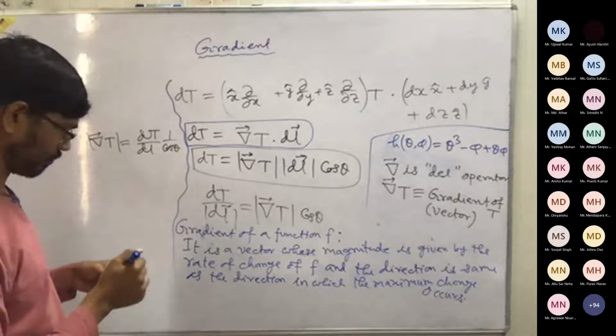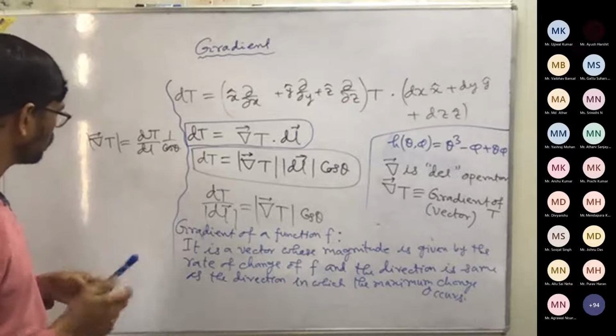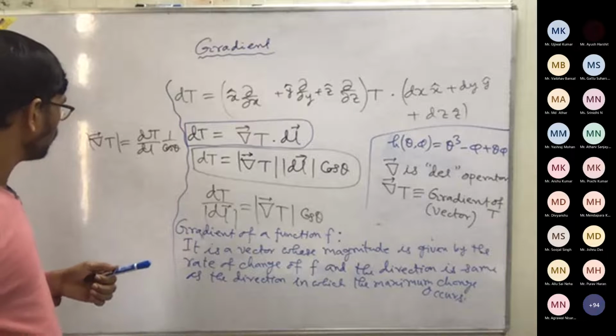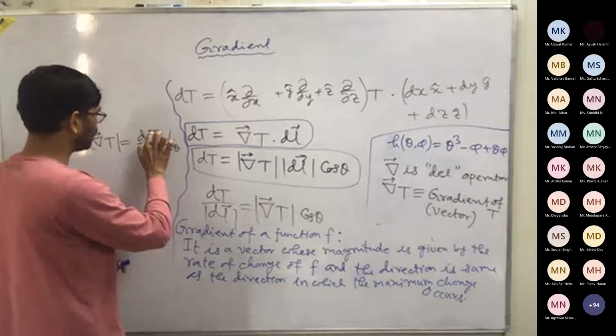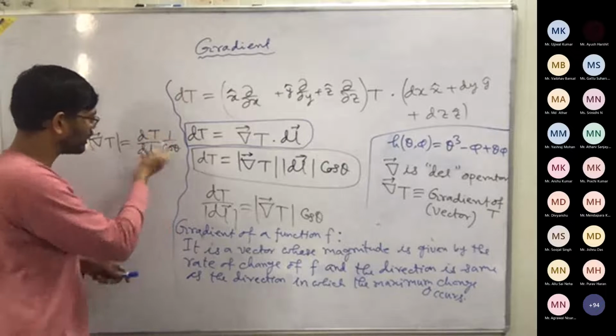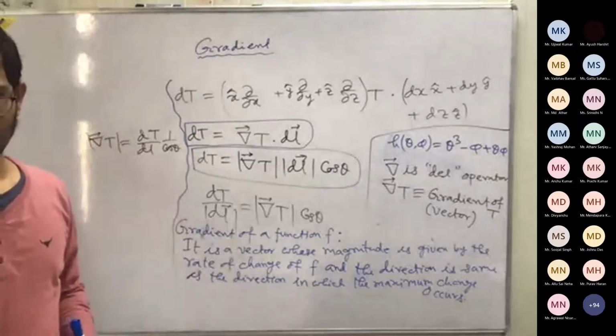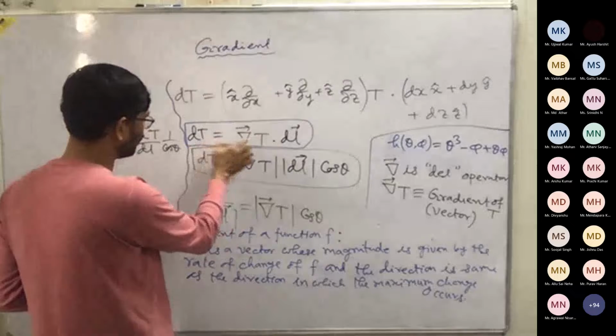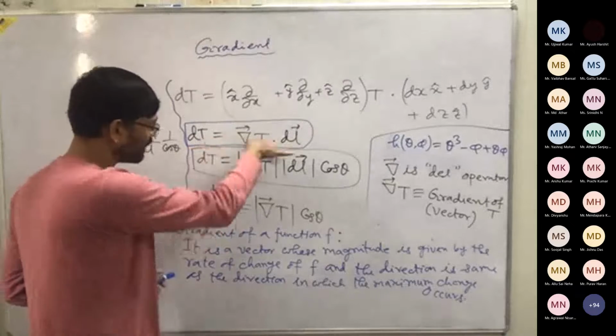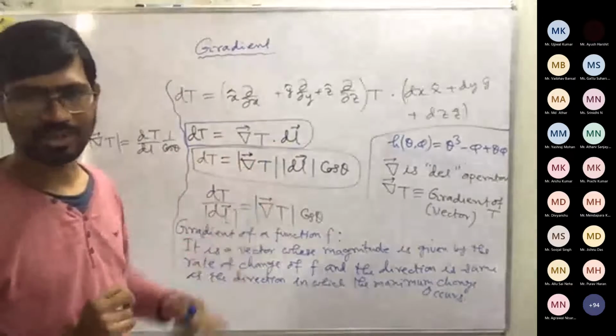Yes. So then you have this quantity. Then you can call it this way. The magnitude of this vector is equal to dT over dl, and this is the angle. You have to also take care of that.